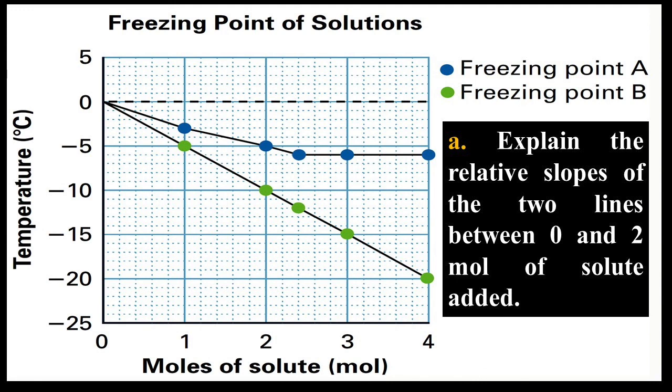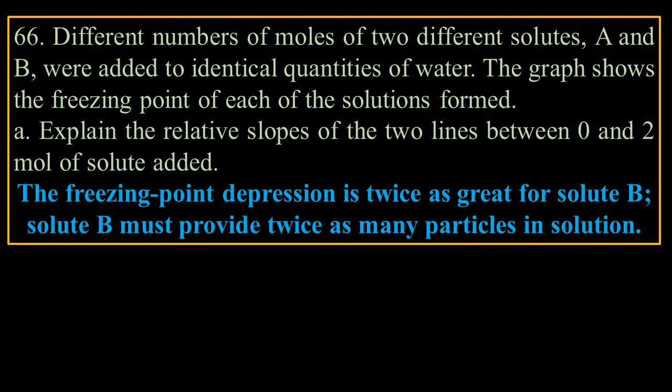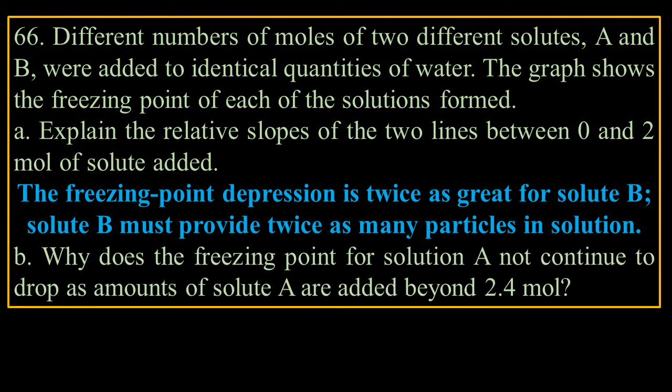So you can see quite easily that what we think is true is probably the case, and that is that solute B is made of or breaks down to a greater number of ions. So the freezing point depression is twice as great as for solute A. Solute B must provide twice as many particles in solution. So it's at least twice as much.